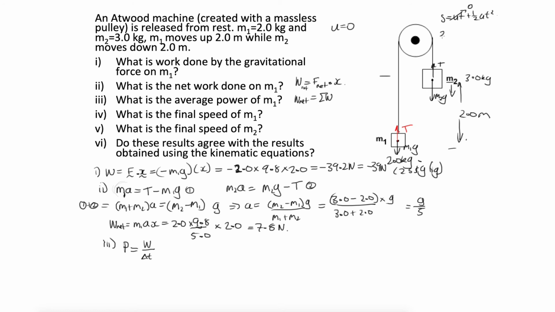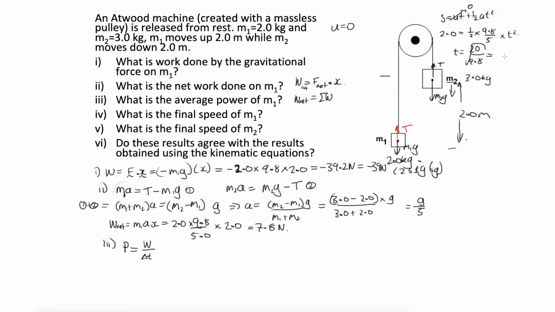So U is 0 and we're trying to find the time. So we've got that the 2 meters is equal to a half times the acceleration, which is 9.8 over 5, times t squared. And so we can say, well, t is equal to, so 2 times 5 is 10, so that's 20 divided by 9.8, and then take the square root of this.